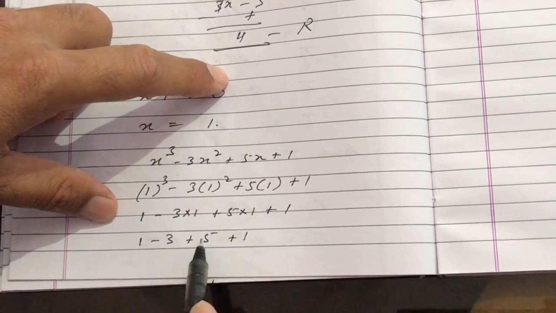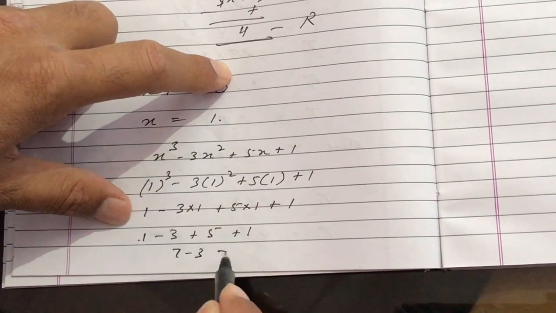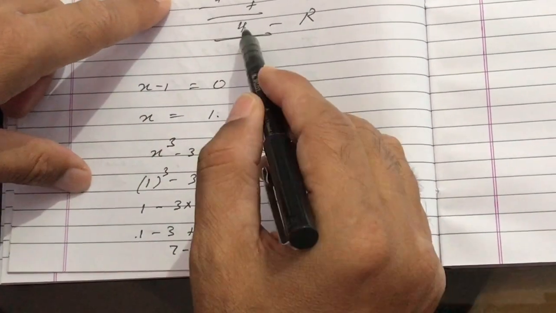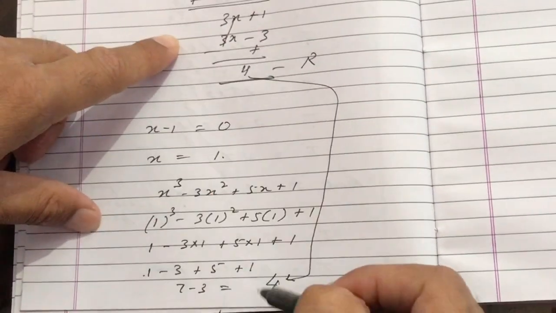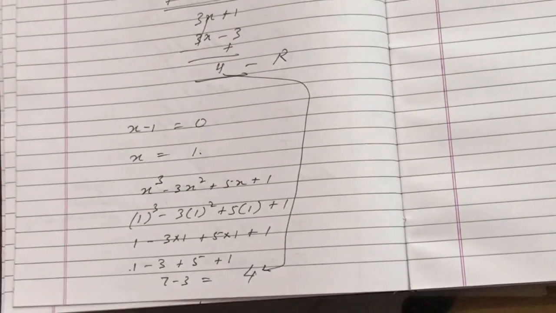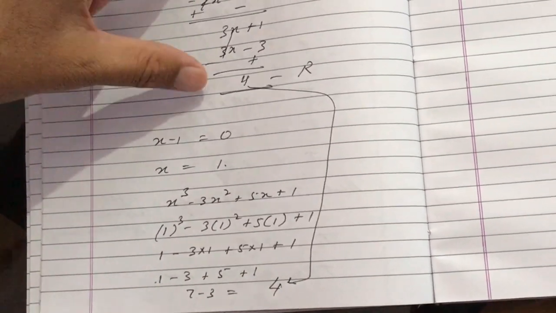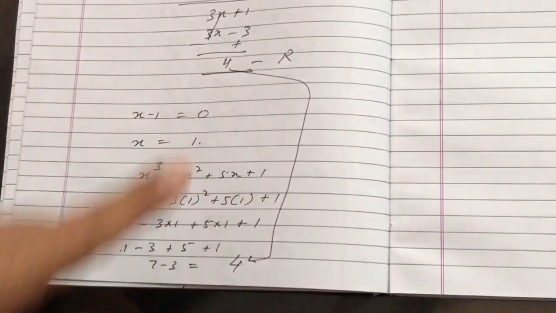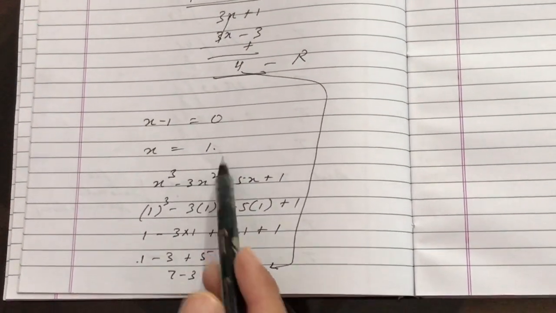Now it is 1, 5 plus 1 is 6, 6 plus 1 is 7, 7 minus 3 equal to 4. Now you can see both the answers are equal. So it proves that if I want to find remainder not by actually dividing but using theorem, the answers will be same.